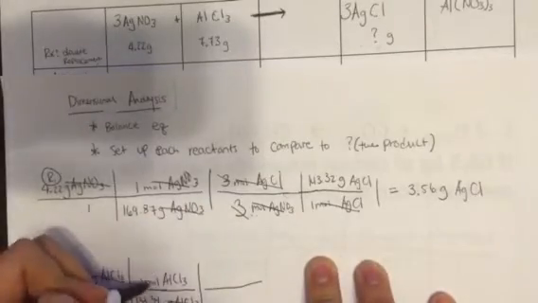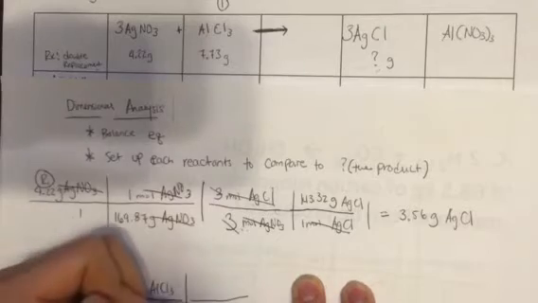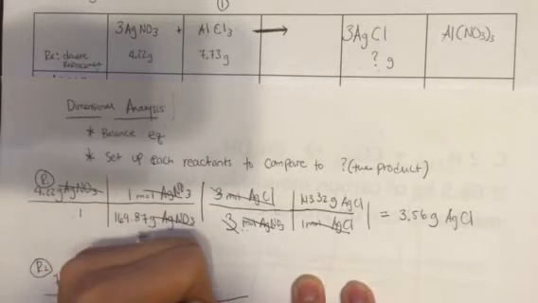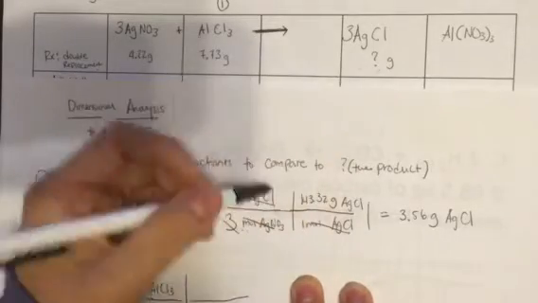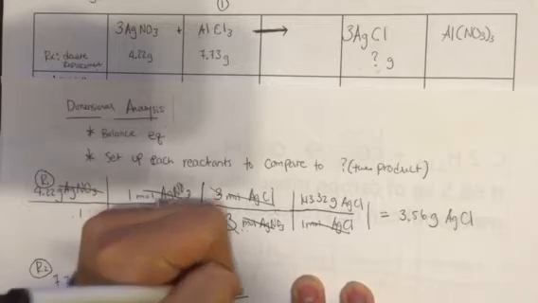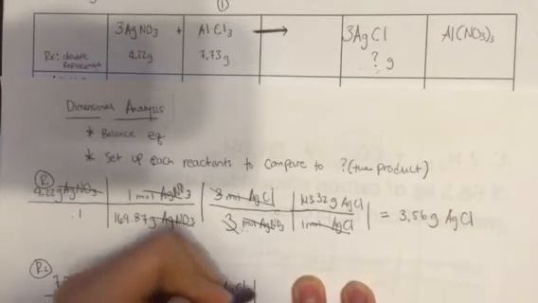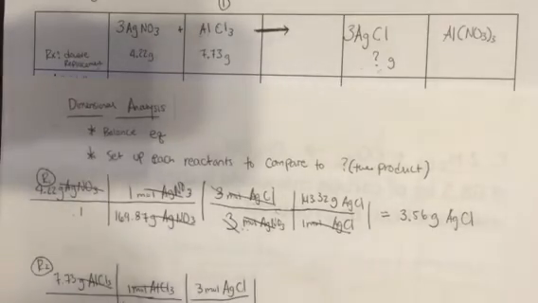So I say, okay, in this specific equation, for every 1 mole of aluminum chloride I have, I have 3 moles of silver chloride. Okay. Aluminum chloride cancels out.